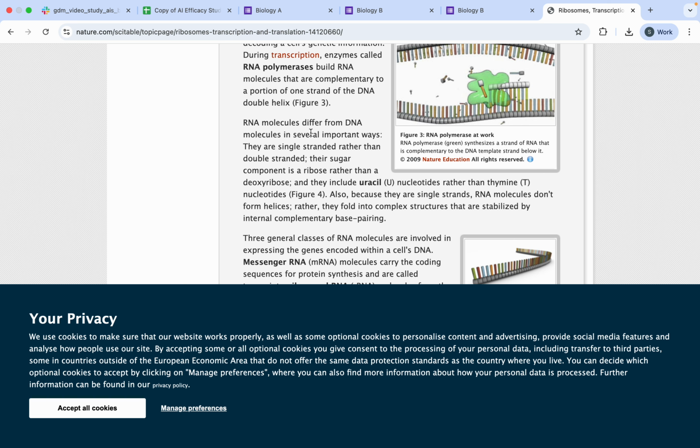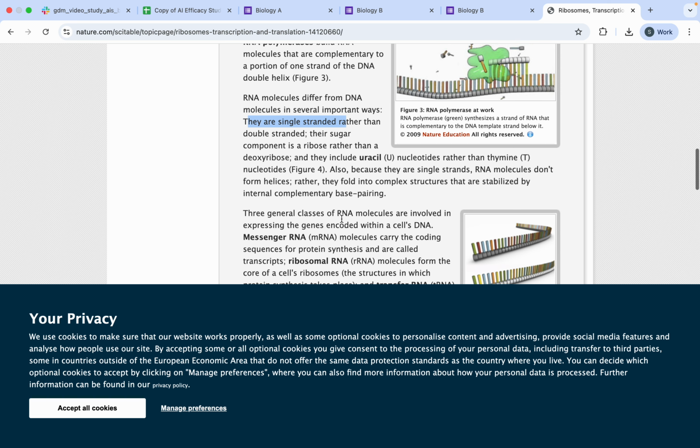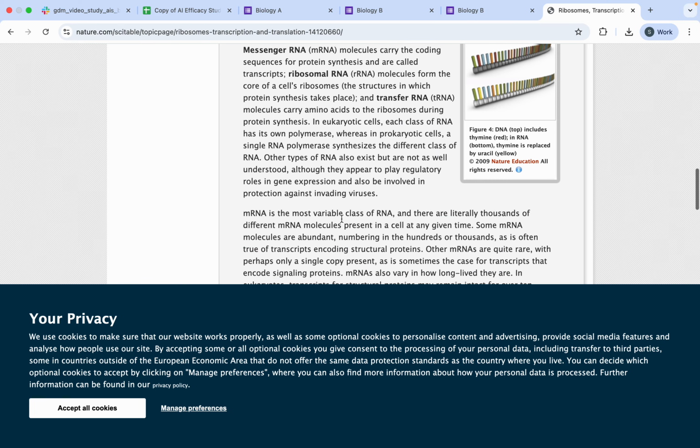RNA molecules differ from DNA molecules in several important ways. Yes, we have already discussed these things: single stranded, the sugar component is ribose rather than deoxyribose, and they include uracil nucleotide rather than thymine nucleotide.